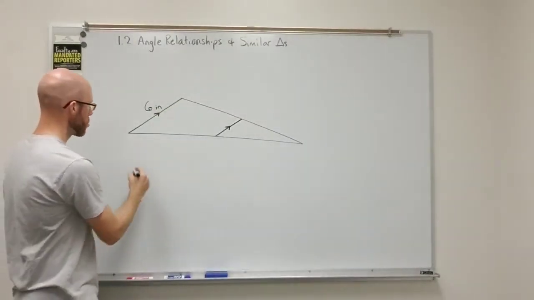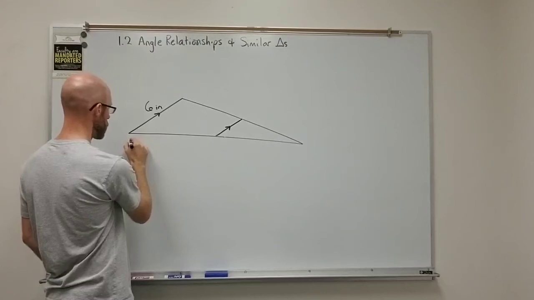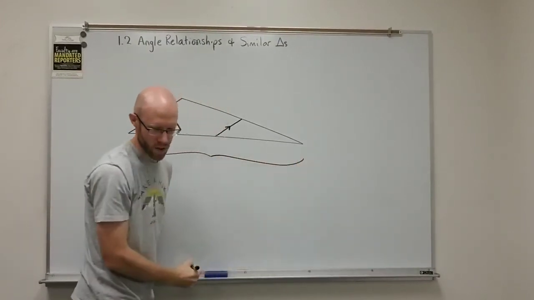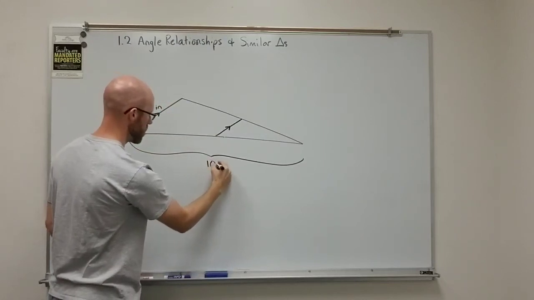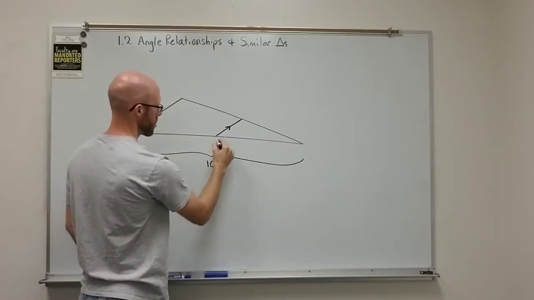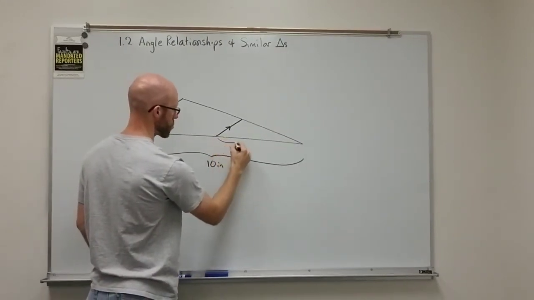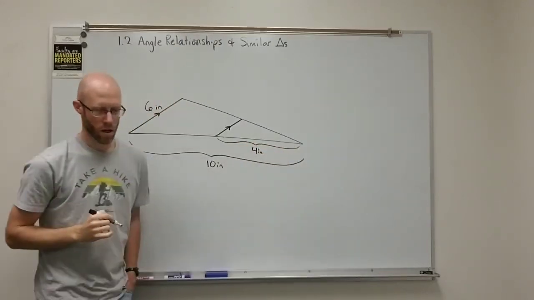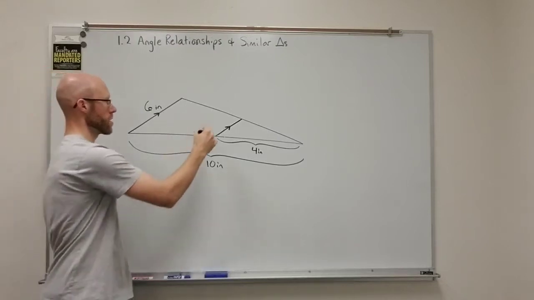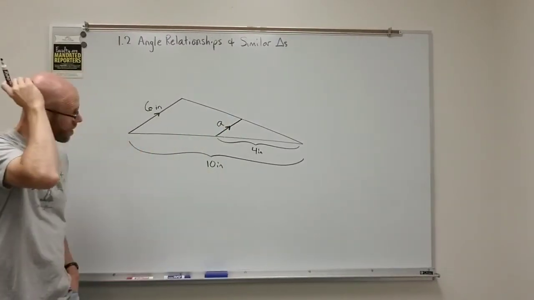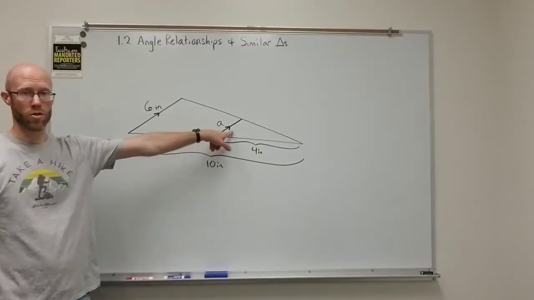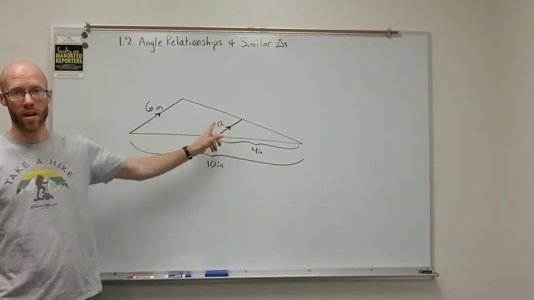Let's say the big triangle, the bottom side, was 10 inches. The bottom side of the small triangle is 4 inches. And what we want to find is the left side of the small triangle. I'm going to call it side A.